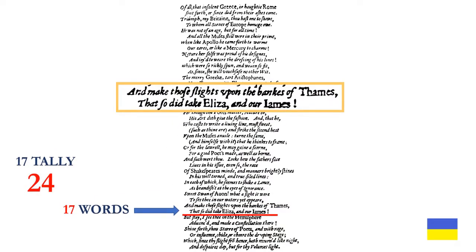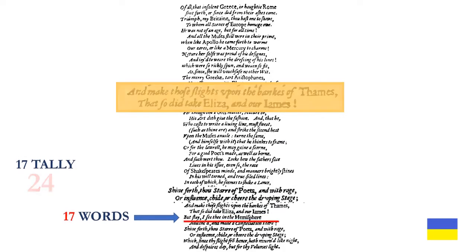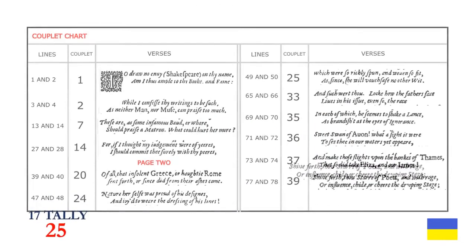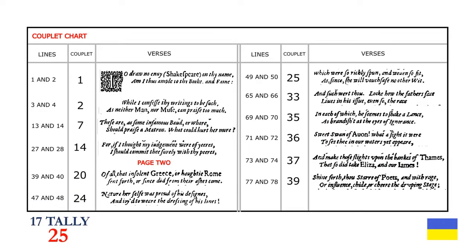Make those flights upon the banks of Thames that so did take Eliza and our James. Shine forth, thou star of poets, and with rage or influence chide or cheer the drooping stage. In total, there are 12 couplets that have 17 words in them.